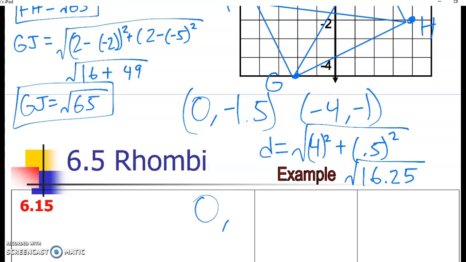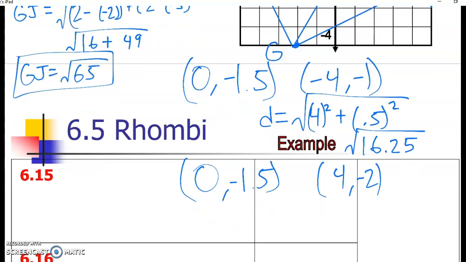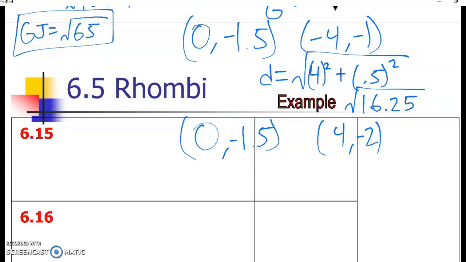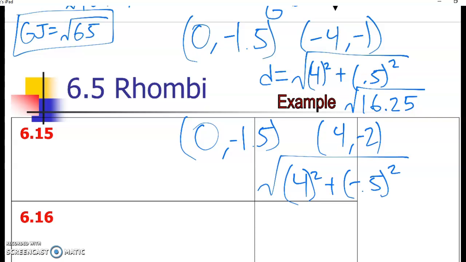I know I'm going through this fast, but I feel like we should be able to figure this out. Then we have 4, negative 2. Then we have to find the distance to that. 4 minus 0 will give us 4 squared, plus Y2 minus Y1. Negative 2 minus negative 1.5 will give us negative 0.5 squared. And we end up getting the square root of 16.25.